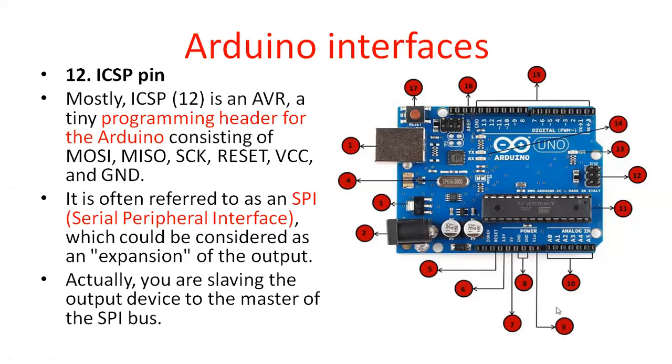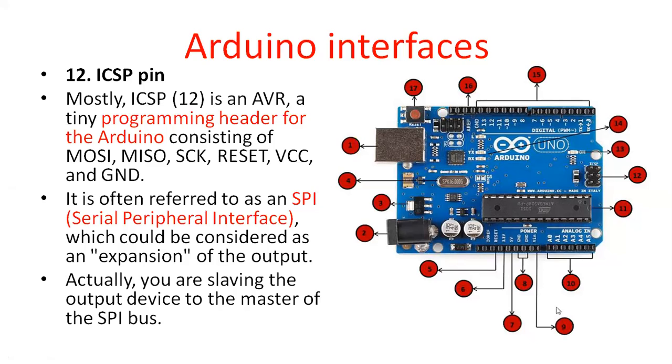Then MISO, another pin, then SCK, reset, VCC, and ground pins. You have another ground pin in the second place, and in the eighth place there are also ground pins. That is why a number of ground pins are available in an Arduino board. It is referred to as SPI.